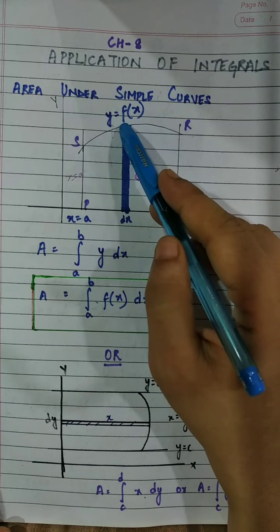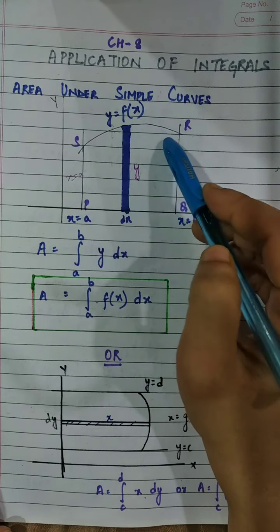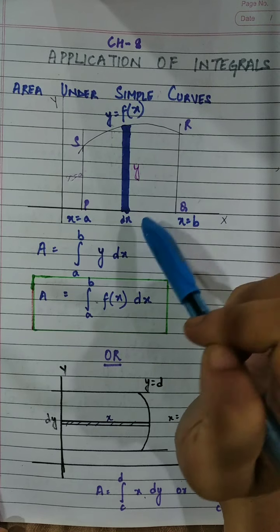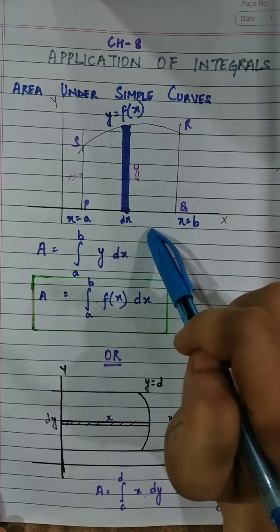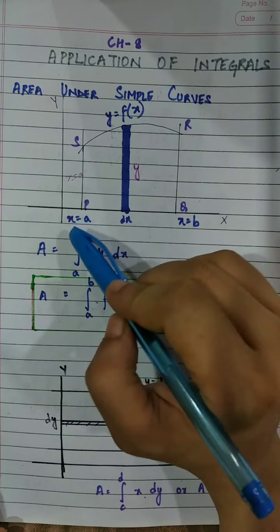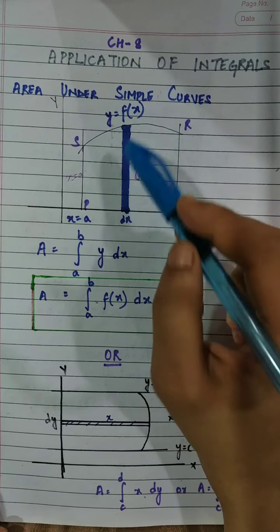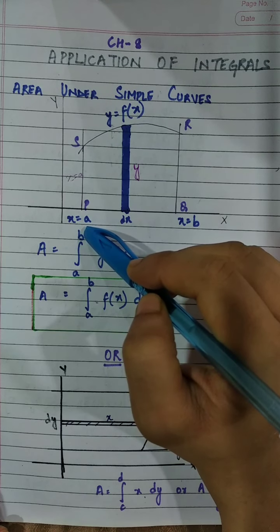Now if I add up n number of these rectangular strips from x is equal to a to x is equal to b, I get the area under the entire curve. So instead of adding such strips, I take one rectangular strip and simply integrate it from lower limit to upper limit to find out its area.